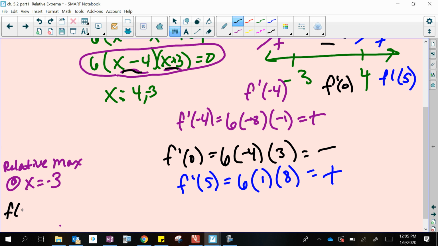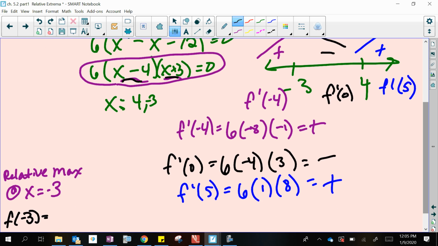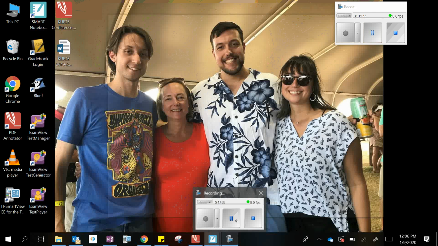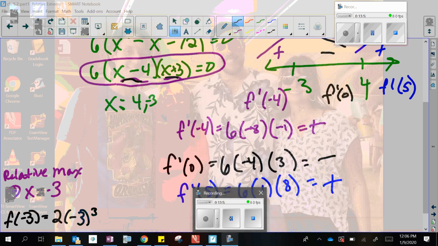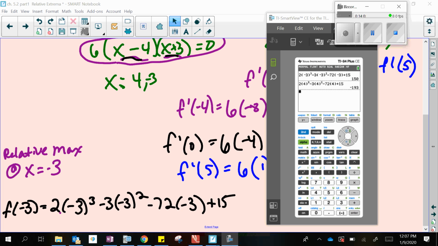So we want to find f of -3. So we're going to do 2 times. So I would get out your calculators. And let's try it, because a lot of people make mistakes on this. I know a lot of people make mistakes plugging in values.